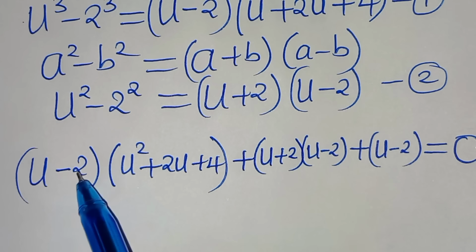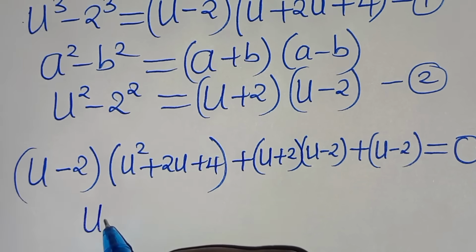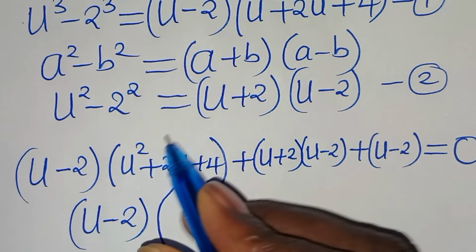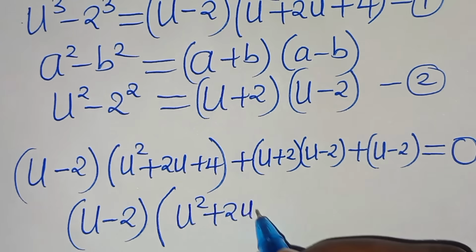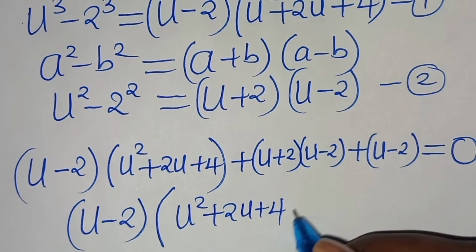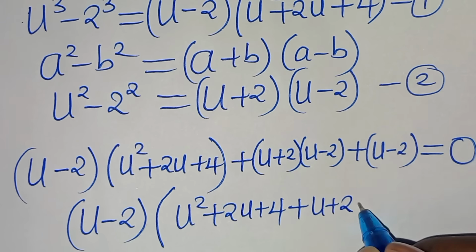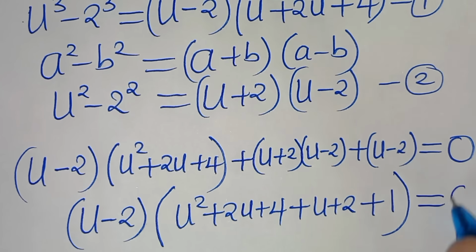Now we have that u minus 2 is common here, so we can factor out u minus 2. So that into the parentheses here, we have u squared plus 2u plus 4, then plus u plus 2, then plus 1, close the parentheses, this is equal to 0.